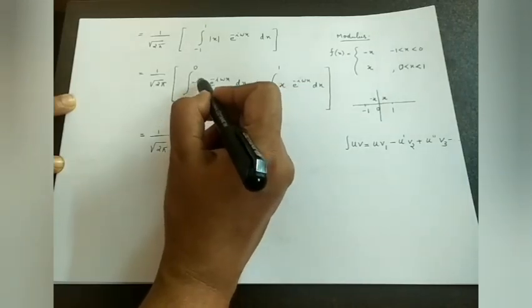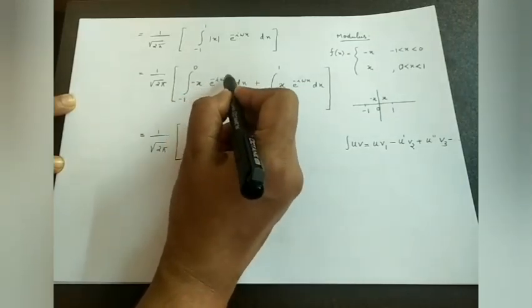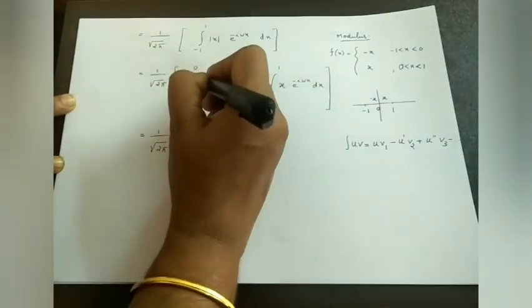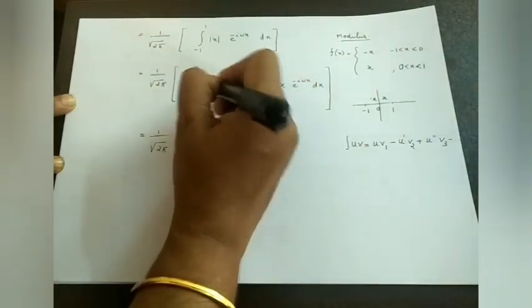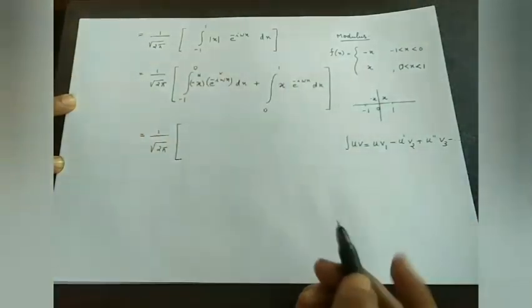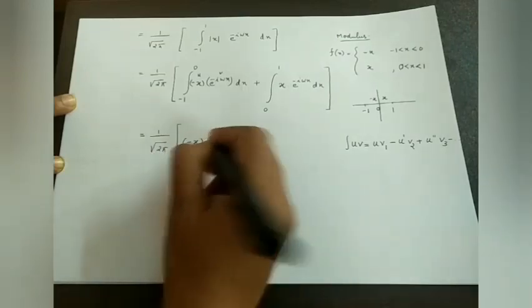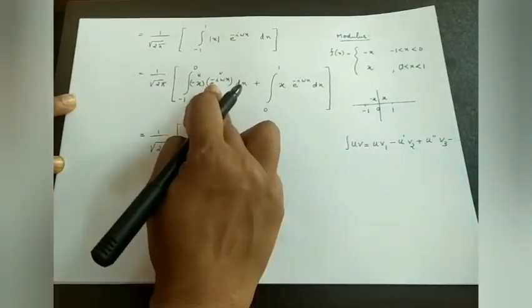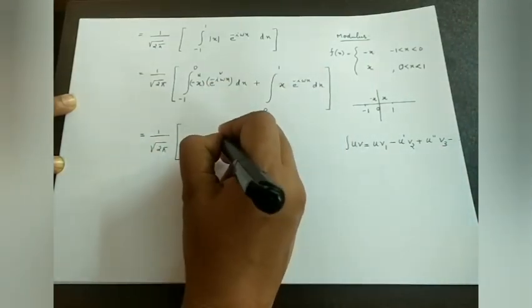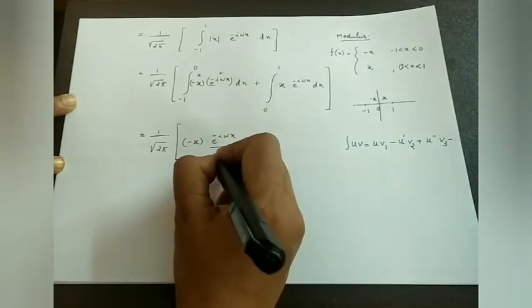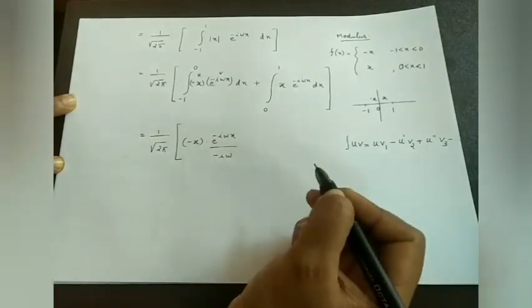Take minus x as u and e raised to minus I omega x as v. Okay, take this as u and this as v. Now first function, that is u, integral of second, integral of e raised to minus I omega x with respect to x, that means divided by minus I omega.